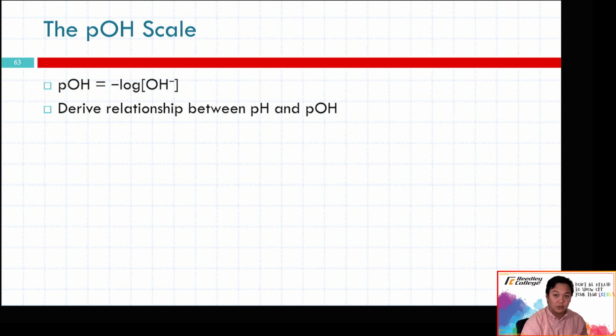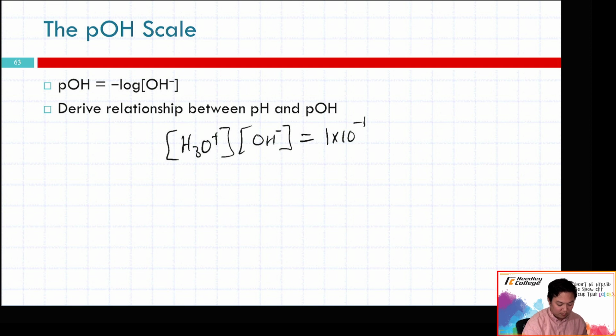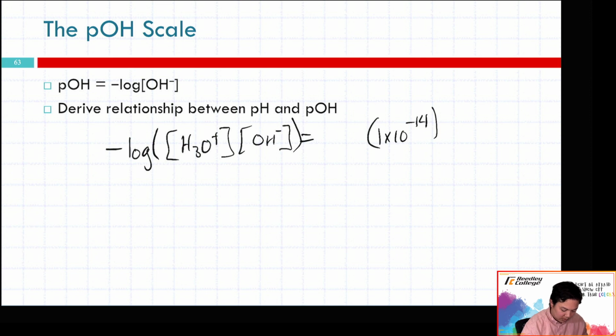If we have the concentration of H3O plus times the concentration of OH minus equal to 1 times 10 to the negative 14, we can take the negative log of both sides of this.